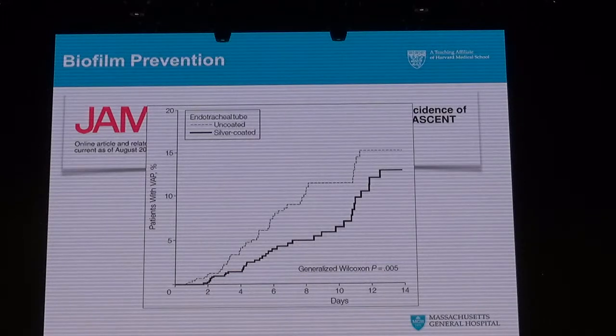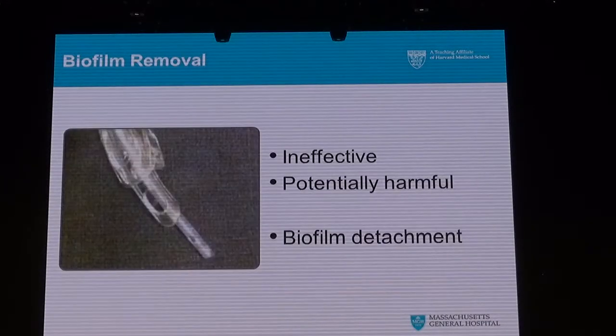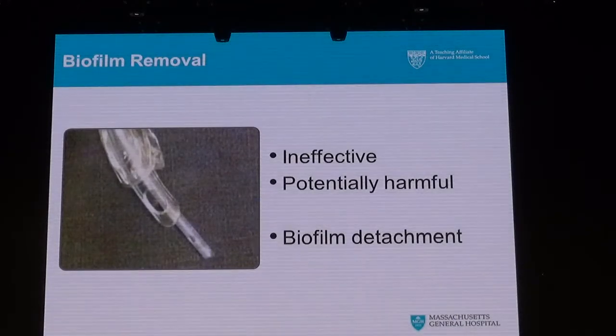The other issue that we learned was that the biofilm removal that we use, which is just suctioning, is really not effective, because it never really is able to retrieve and clear secretions from the endotracheal tube.